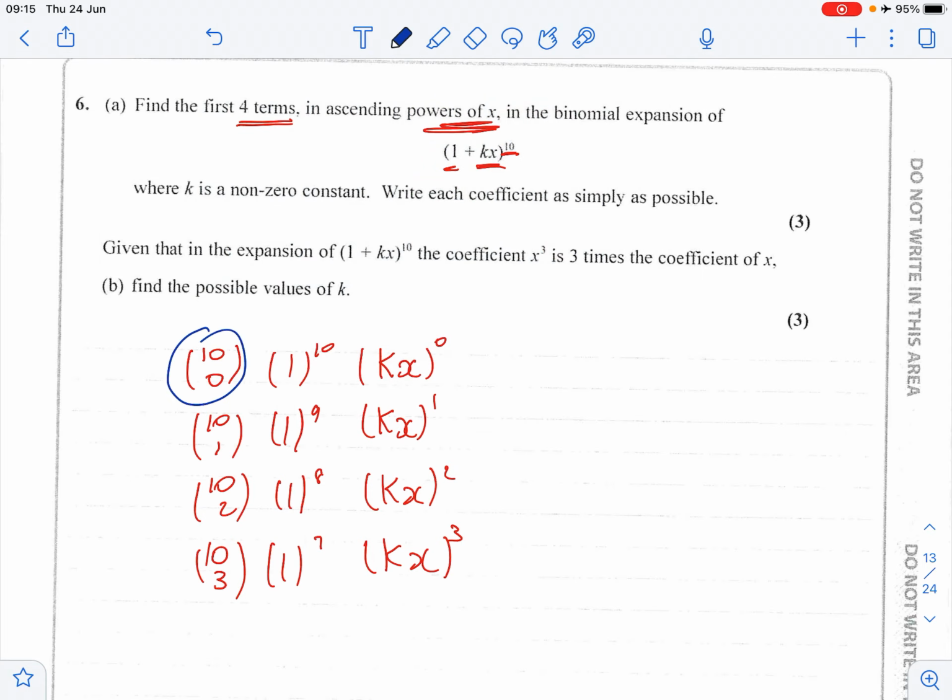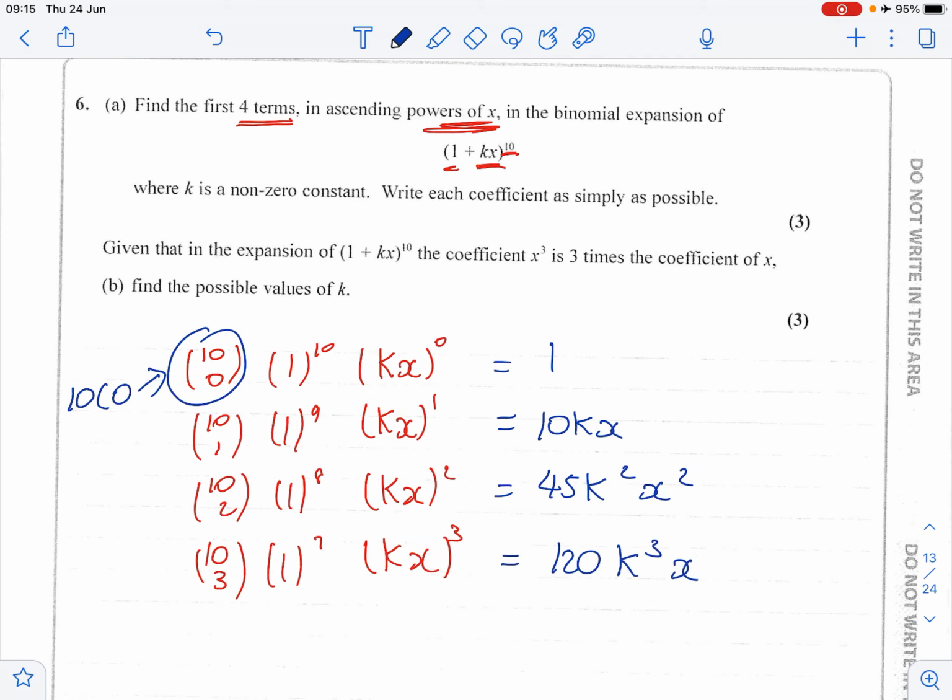Just a hint, how we type this into our calculator is that it's 10C0. Then type into our calculator, you should get this equals to 1, this equals to 10kx, this equals to 45k squared x squared, 120k cubed x cubed.